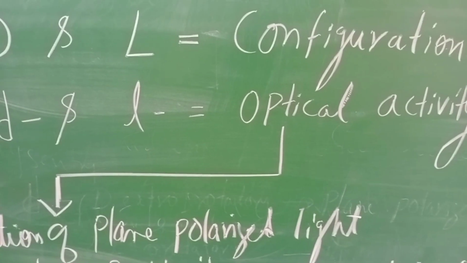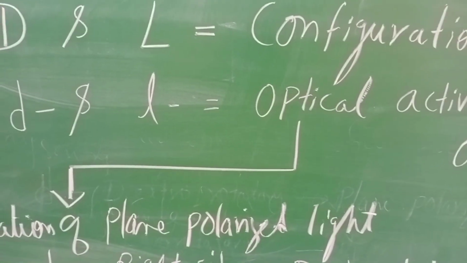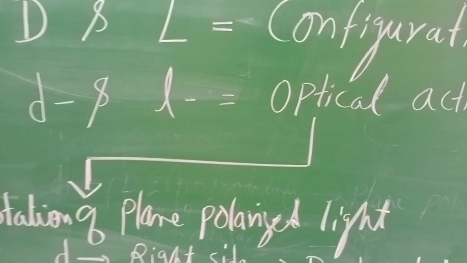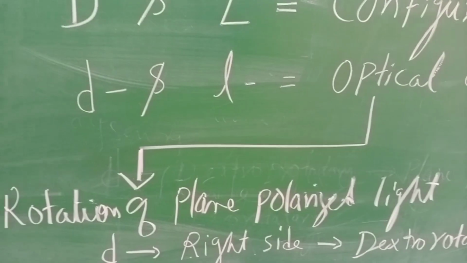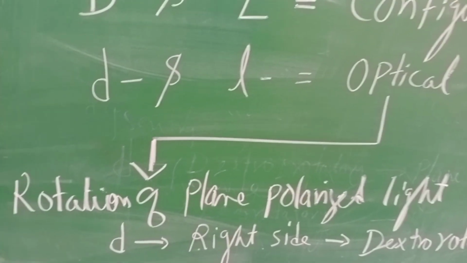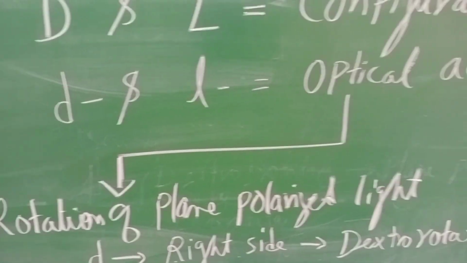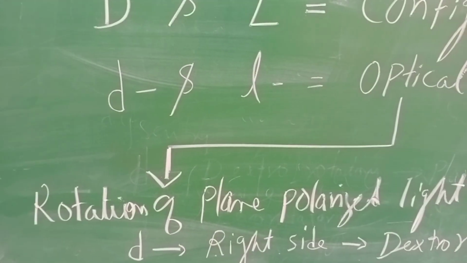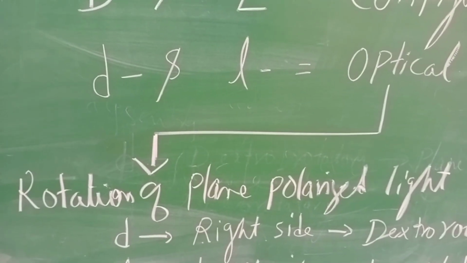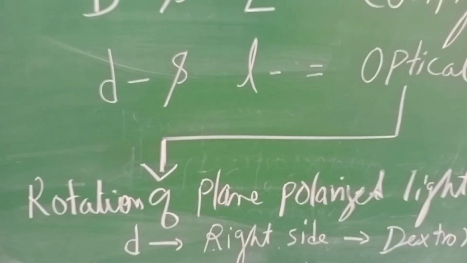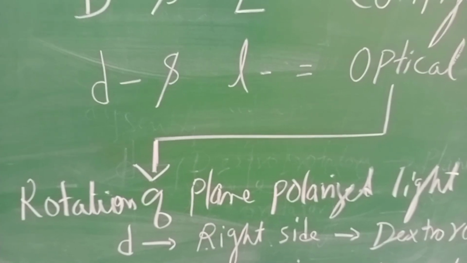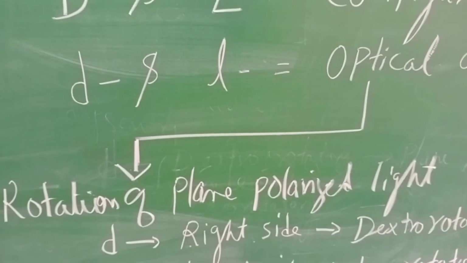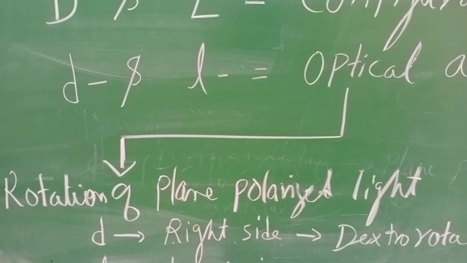This is the simplest definition of optical activity, and why a molecule is said to be optically active. When plane polarized light passes through an optically active molecule, that molecule has the capacity, or tendency, to rotate the plane polarized light towards a particular direction.